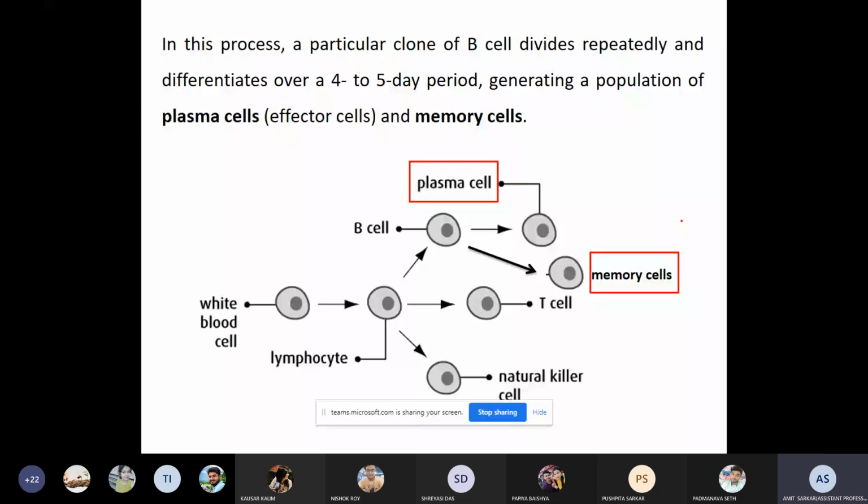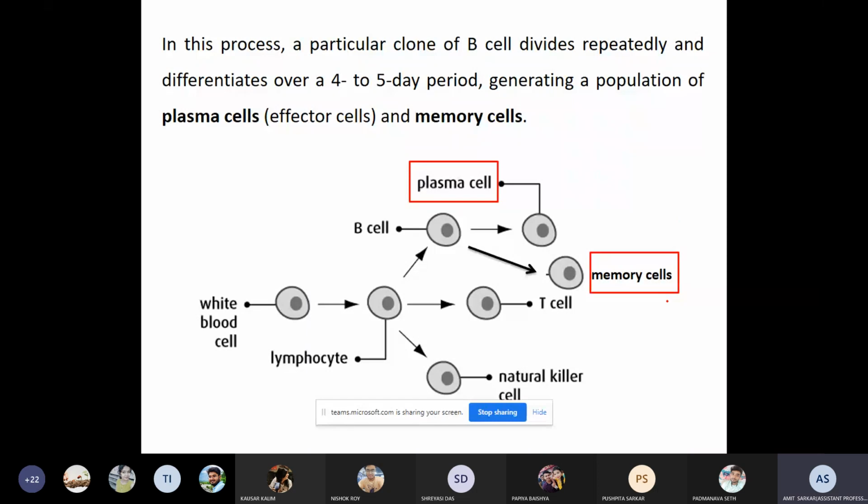Next time, maybe after 3 or 4 months, when the same person tries to crash your party once again, this time you will recognize him and kick him out. In this way, you can protect your guests, your food and drinks, and so on. That is also the reason for memory B cells.